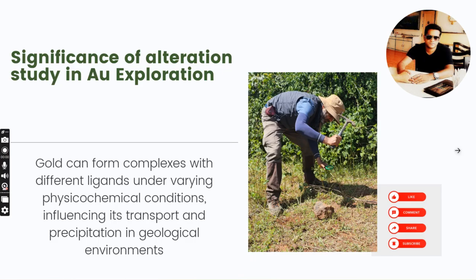But apart from that, there is another aspect, that is quantitative aspects, in which specifically you can estimate based on geochemical data. If whole rock geochemical analysis is done, for example XRF data, you will be understanding the importance of that.